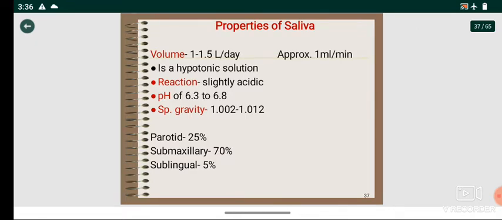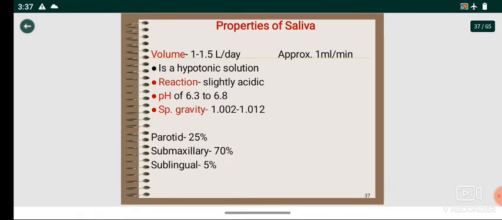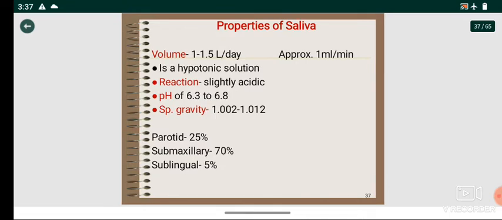Now the reaction, that is the pH of saliva, is slightly acidic. Whenever we talk about the pH of any digestive juice, it is basically the pH which is required for the enzymes within the digestive juice to work. So every digestive juice has a particular pH which is the requirement of the enzymes present within that juice.